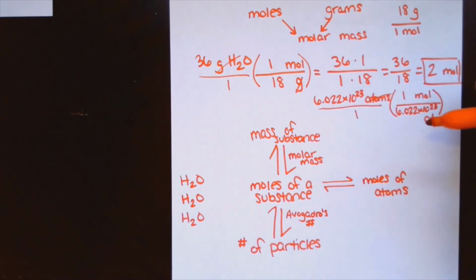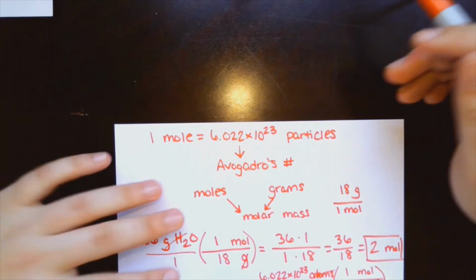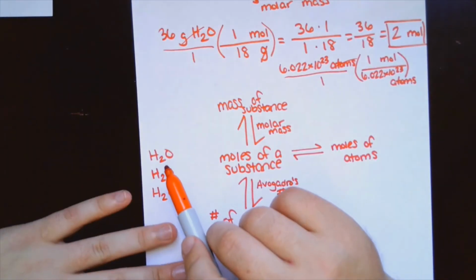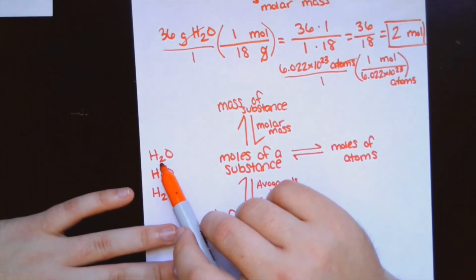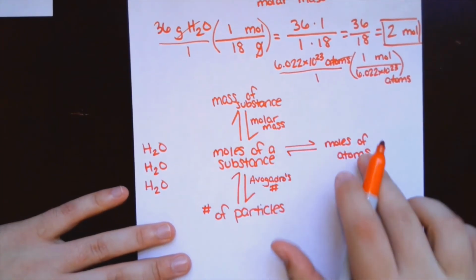And that ratio would keep going, and if we keep going enough, we can get all the way up to 6.022 times 10 to the 23rd water molecules, or in other words, 1 mole. So 1 mole of water would have 2 moles of hydrogen atoms and 1 mole of oxygen atoms. So that's a mole-to-mole ratio. So you can go to moles of atoms.